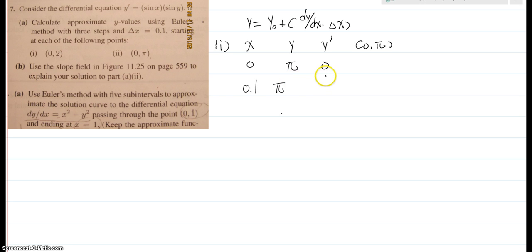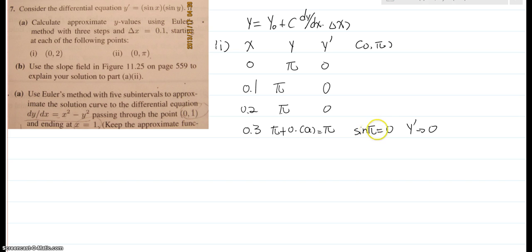Since sine of pi is 0, you have 0. You plug in 0.2, you have pi, and you have 0. Notice that this pattern will repeat, because no matter how many times you go through, you always have pi plus 0 times whatever number, which equals pi. And since sine of pi is equal to 0, your y prime will constantly be 0.